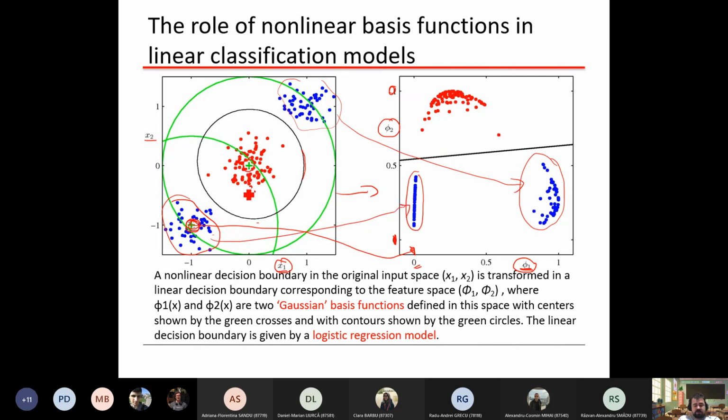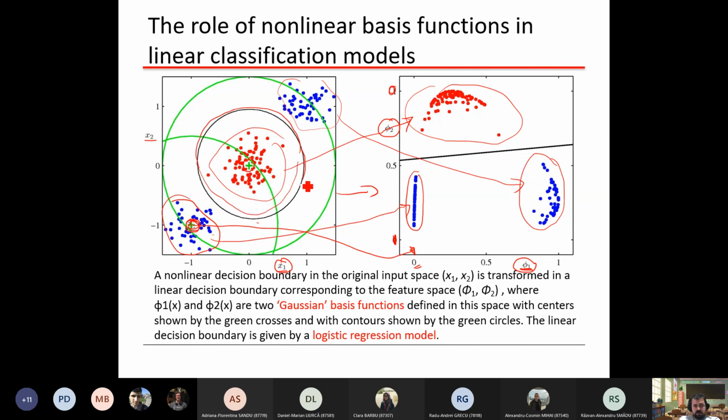In terms of phi2, the basis function related to the red points, we can see that all the points from the red class are close to the origin. So we can see that they are clustered in here. So all these points from here are placed in here. And we can see that the blue points are placed at a distance that is higher than 0.5. This circle is somehow at the middle of the distance between 0 and 1.